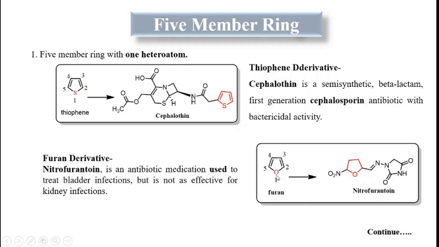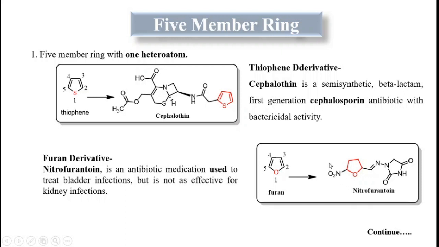We see examples of five-member rings which contain only a single heteroatom. That means our numbering should start from the single heteroatom. Furan is a five-member ring which contains oxygen. That's why it is called furan.